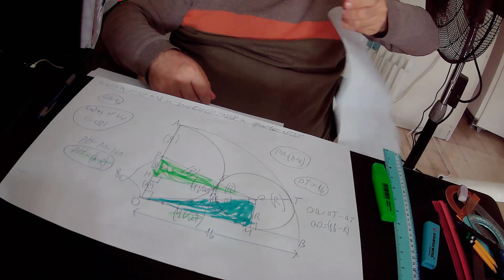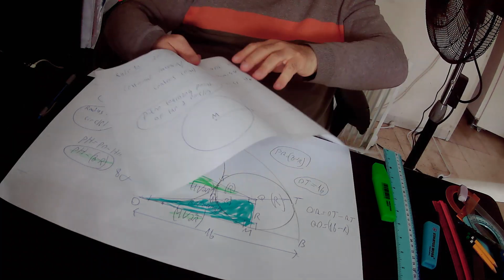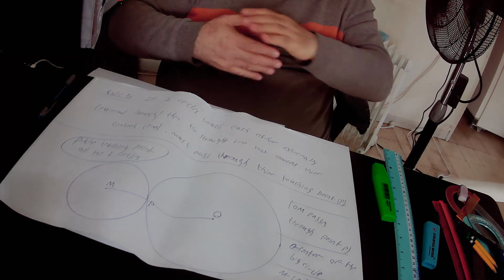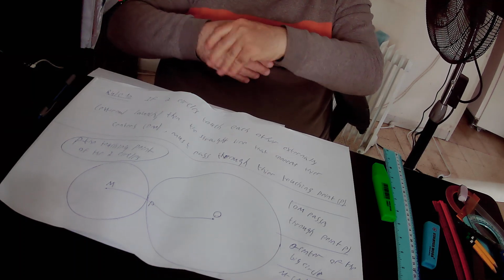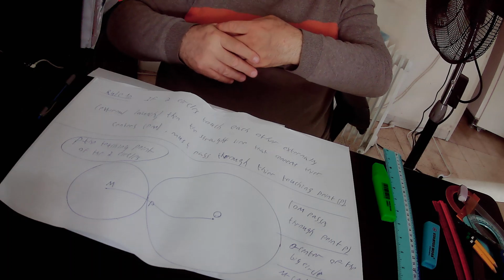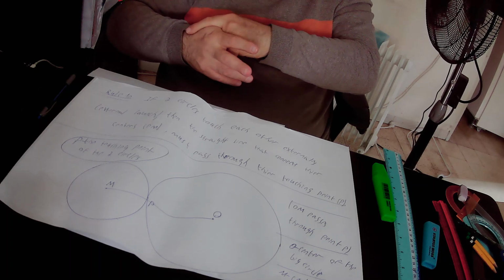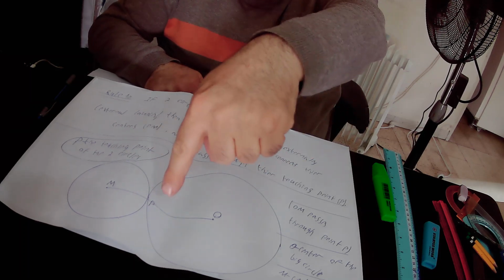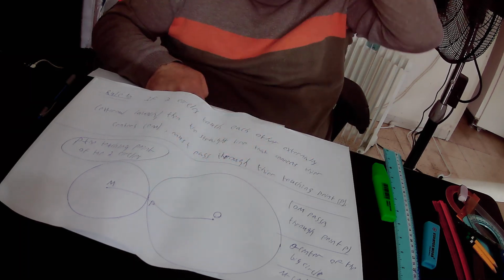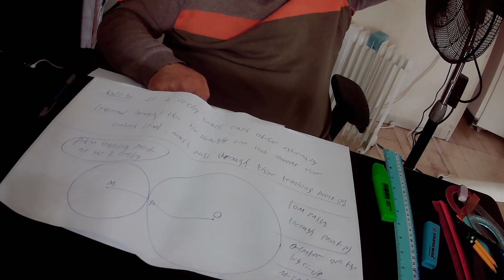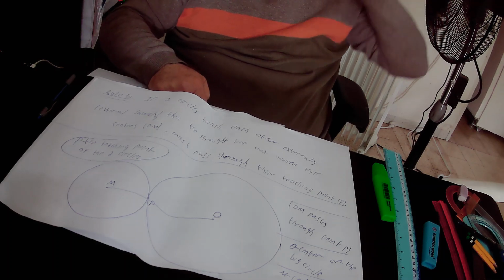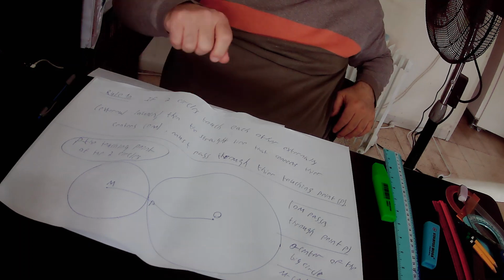According to rule 10, whenever you have two circles touching each other externally, like here, this small circle touches this big circle at this point, point P, then the following rule is true: the straight line that connects their centers together must pass through their touching point.